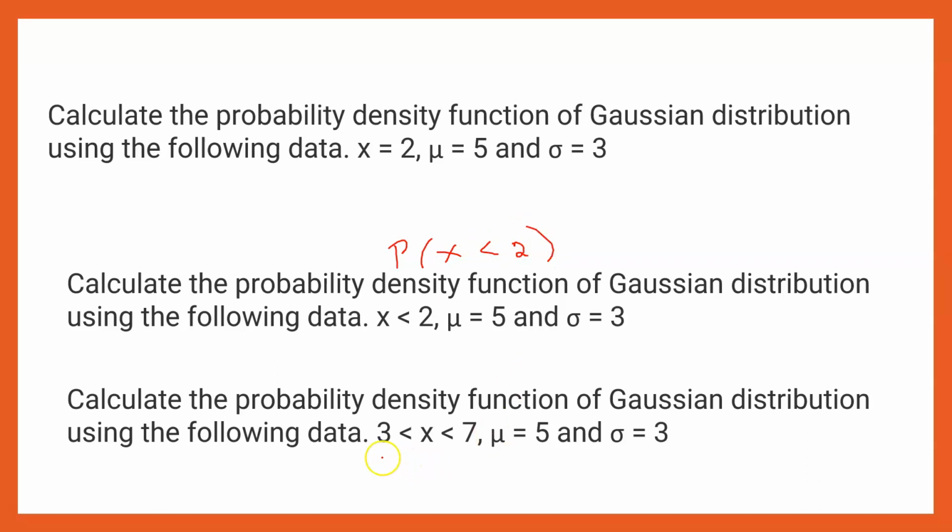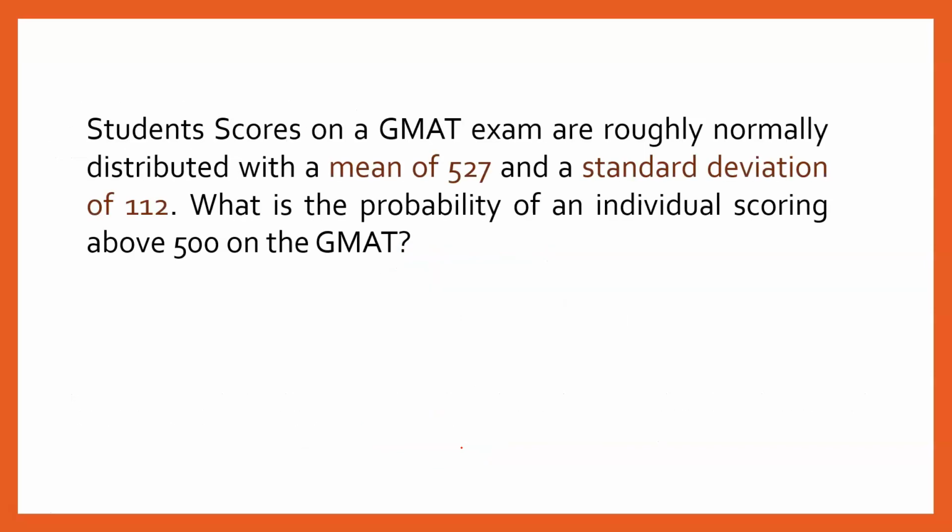And here you are going to find P of x falling between 3 and 7. So these are the problems given to you. Watch this video, work out these problems, and then we can meet in class. Okay, then we'll continue with this problem also.